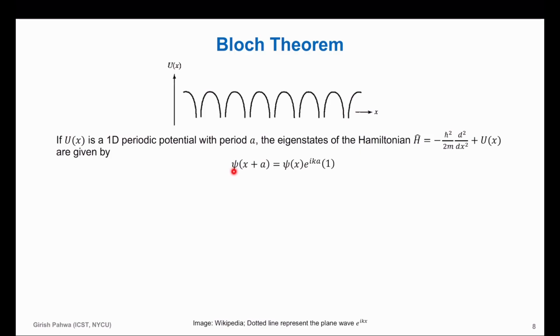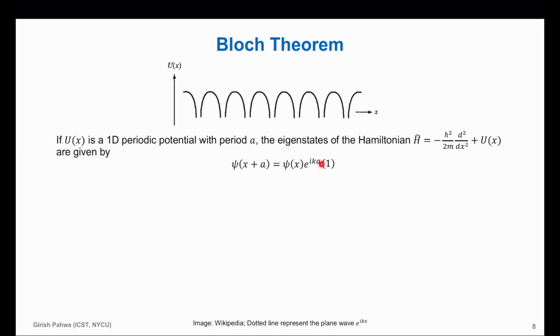If psi denotes an eigenstate, psi of x plus a will be equal to psi of x times e to the power i k a. k is some number and it has the dimension of 1 by length, because the argument of the exponential must be dimensionless.